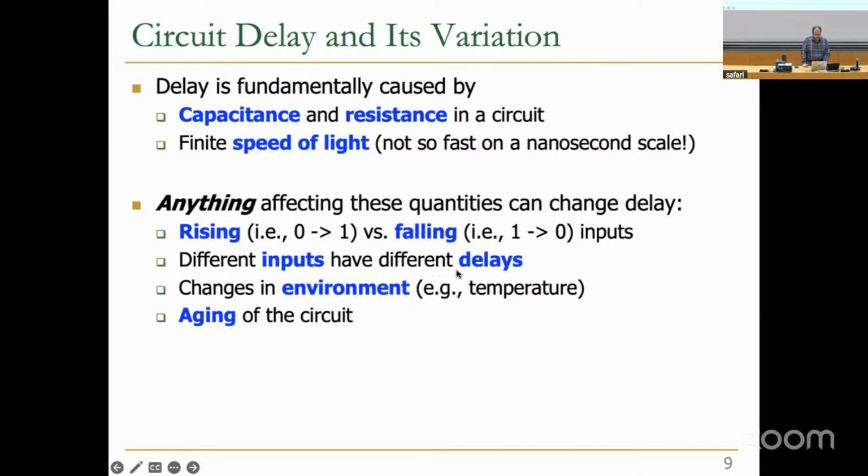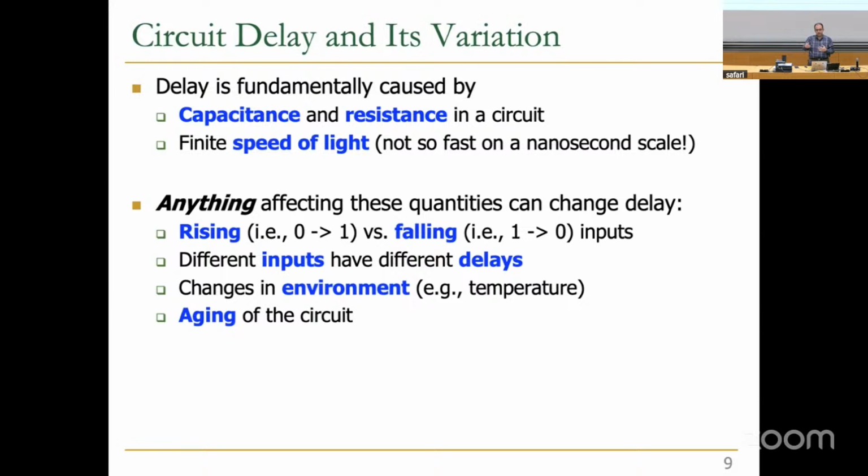Different inputs have different delays. To give you some insight, think about the NAND logic that we discussed, the NAND circuitry in CMOS. We had two NMOS transistors in series, and two PMOS transistors in parallel in the pull-up network. From Kirchhoff's law, you know that with two transistors in parallel in the pull-up network, you have better current to charge.